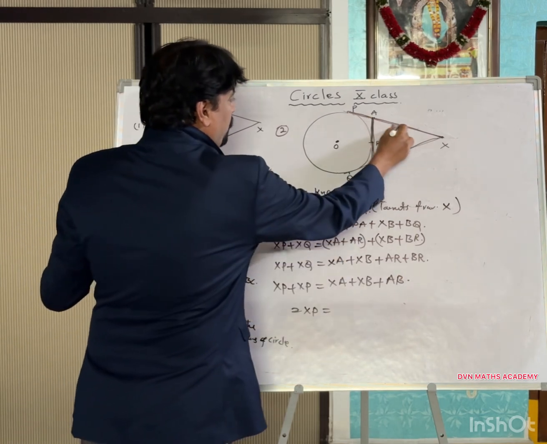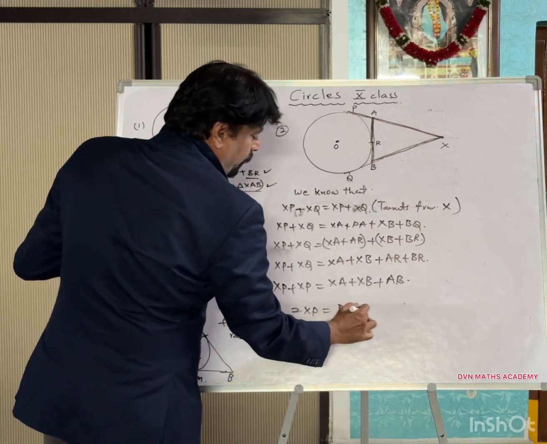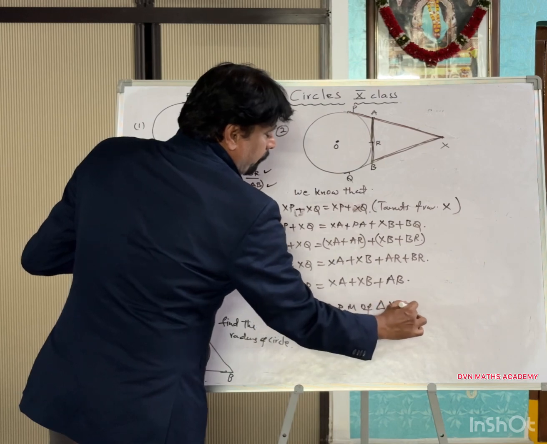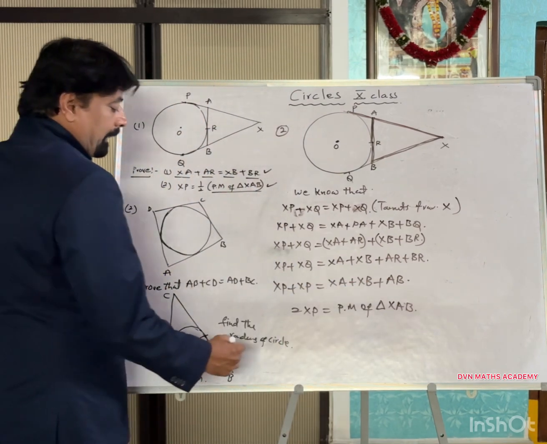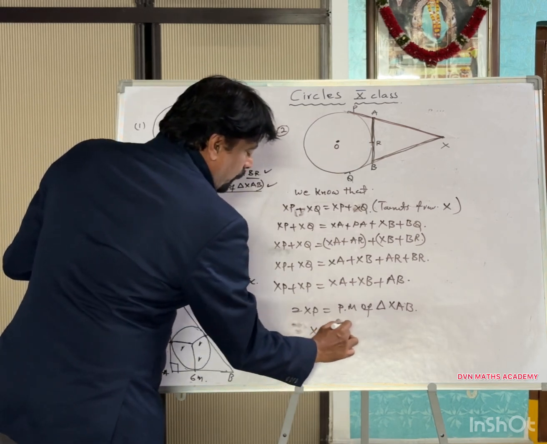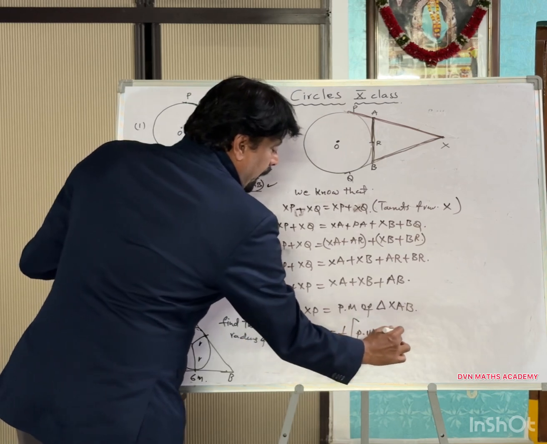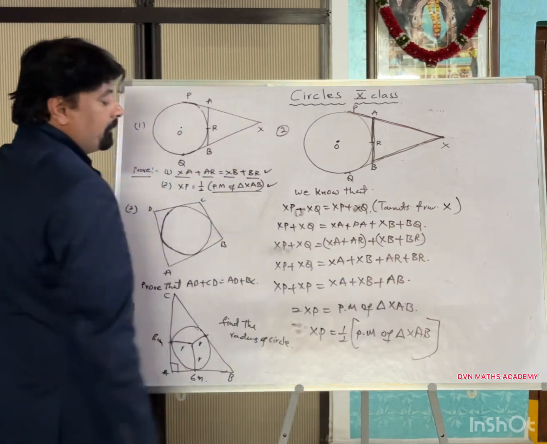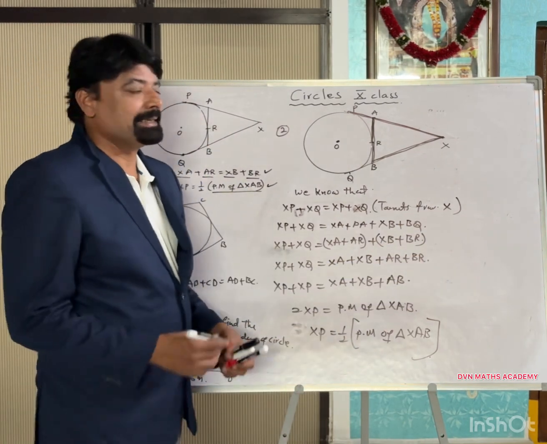This is nothing but the perimeter of triangle XAB, the sum of the 3 sides. Therefore, if I send 2 to that side, XP is equal to half the perimeter of triangle XAB. So like this we can prove that XP is equal to half the perimeter of triangle XAB.